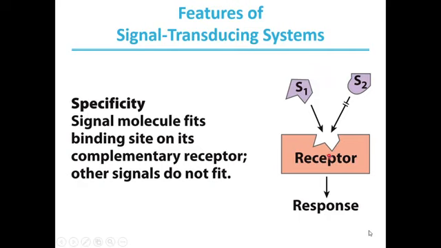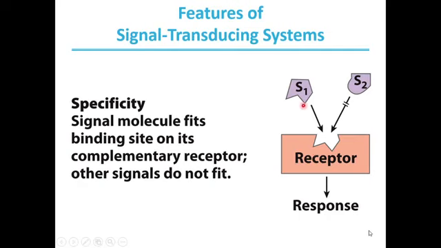S1 is a signal for this receptor, whereas S2 is not. Because the receptor is specific for S1, it will only bind S1 and not S2, and only when S1 binds would the receptor elicit a signal response.